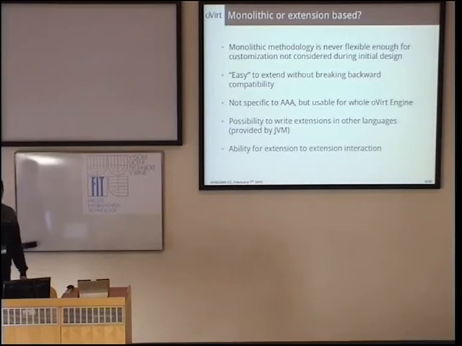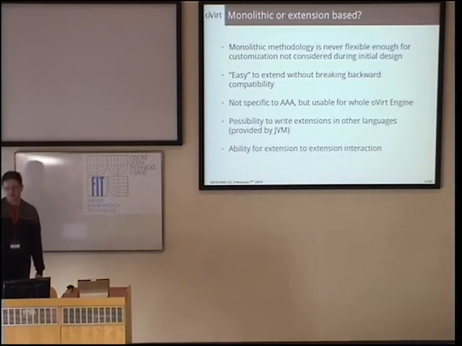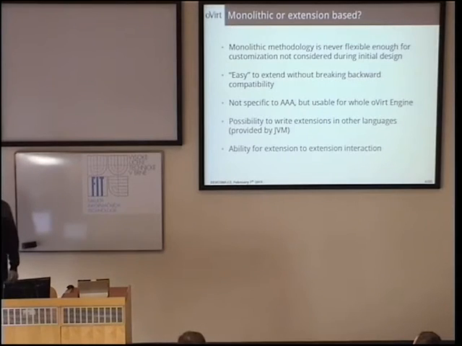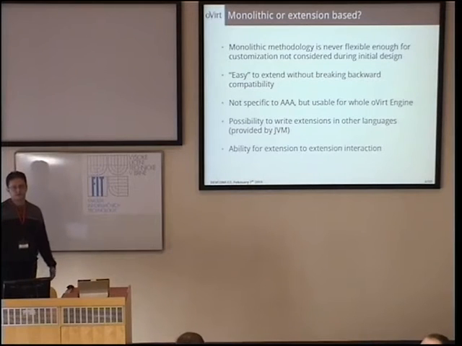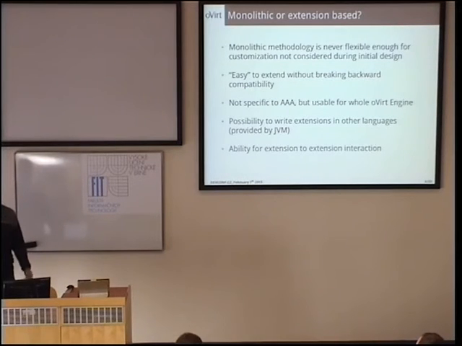Why? Because a monolithic methodology is never as flexible as extensions. Usually, with extensions, it's easy to extend without breaking compatibility. And because the engine is written in Java, we also wanted to allow some customizations to be written in different languages.